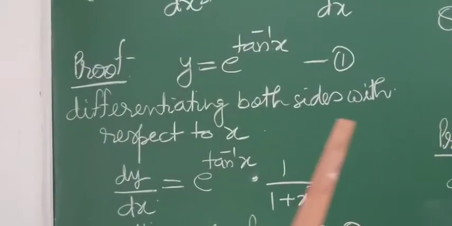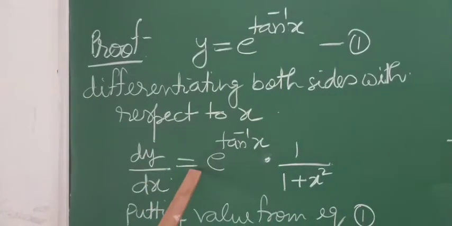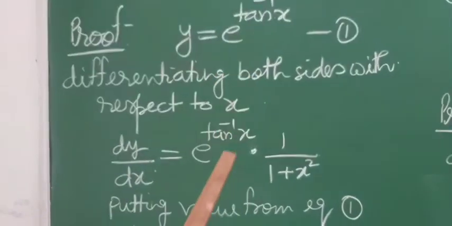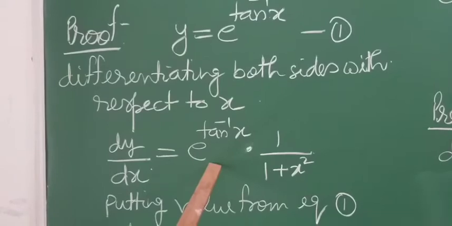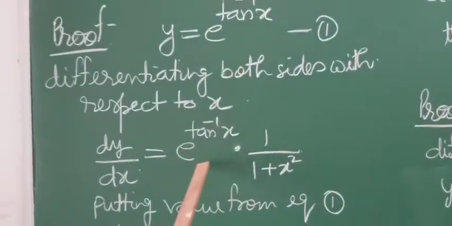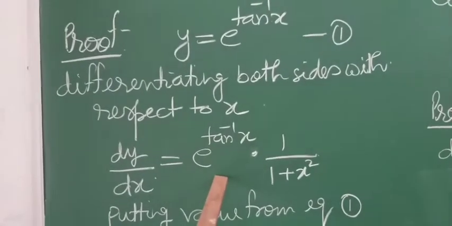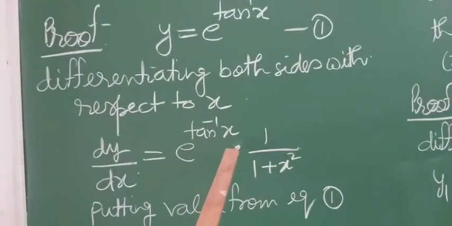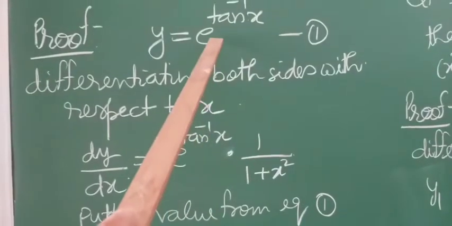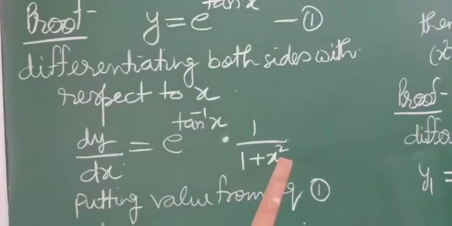Differentiating both sides with respect to x. So dy by dx equals e to the power tan inverse x, because the derivative of e to the power x is e to the power x. That's why the derivative of e to the power tan inverse x is e to the power tan inverse x. Now students, the derivative of tan inverse x is 1 upon 1 plus x square.